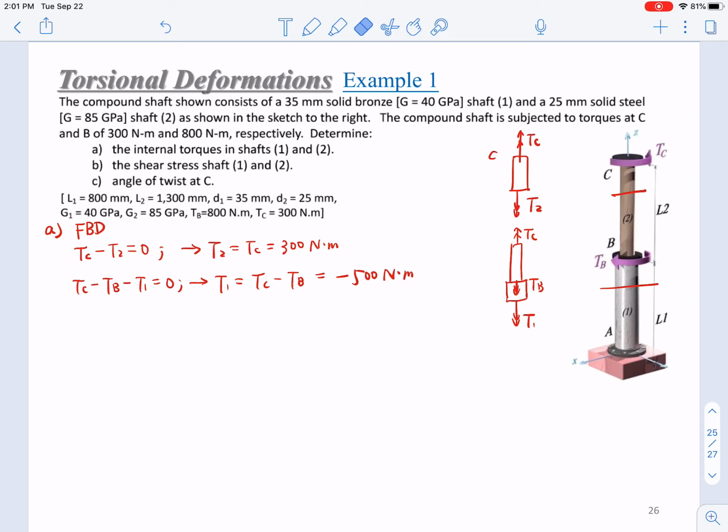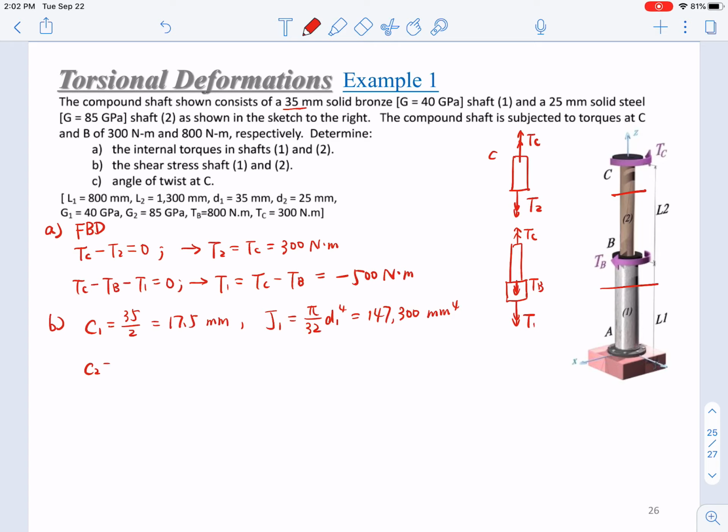Question B is not needed to solve the angle of twist at C, but since it's asked, we solve it, so we have to determine the c values and J values. c1 in shaft 1 is 35 over 2, that is 17.5 millimeter, and J1 equals pi over 32 d1 to the fourth, that would be 147,300 millimeter to the fourth.